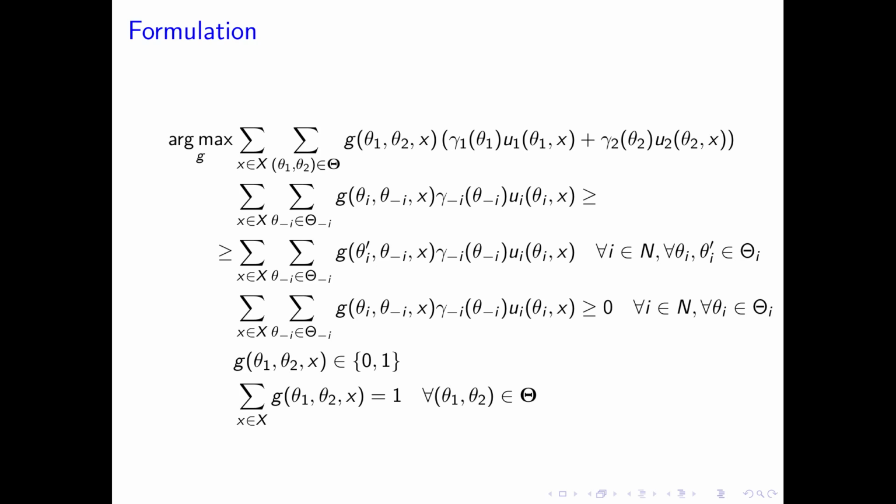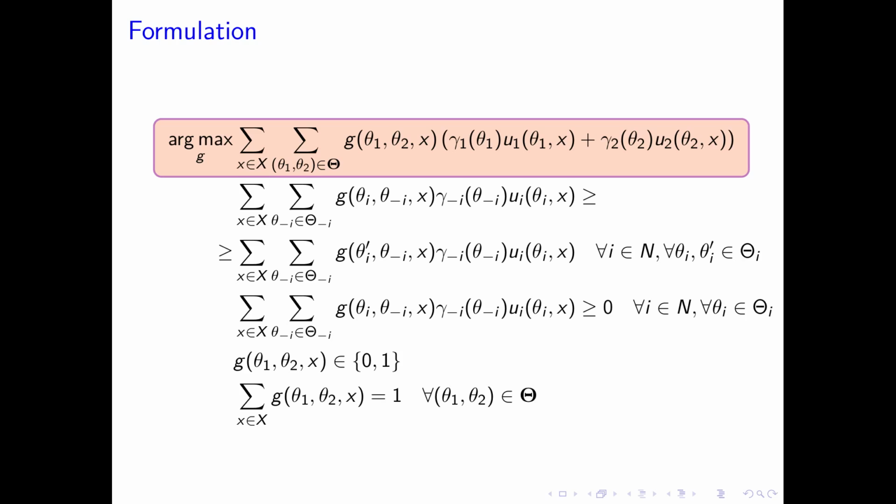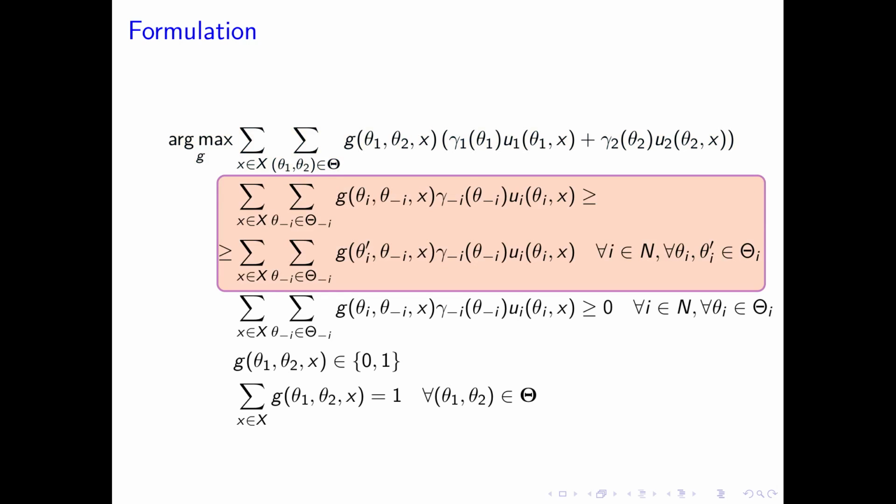The problem can be solved with this formulation. The objective function is the social welfare subject to the choice of G and the types' probabilities. Then the first family of constraints enforces Bayes-Nash incentive compatibility.